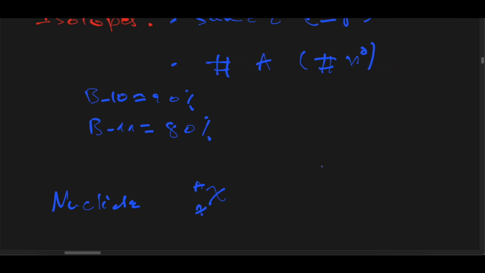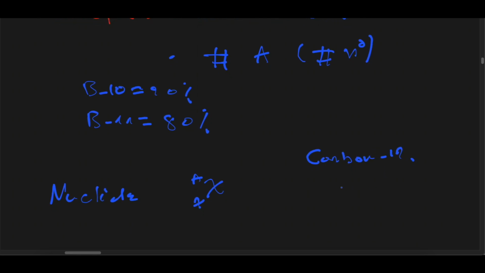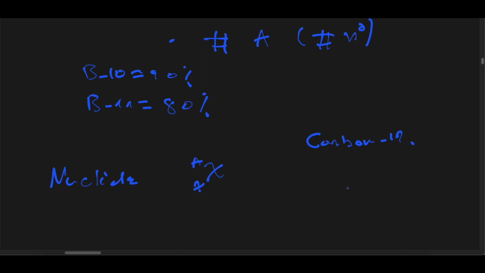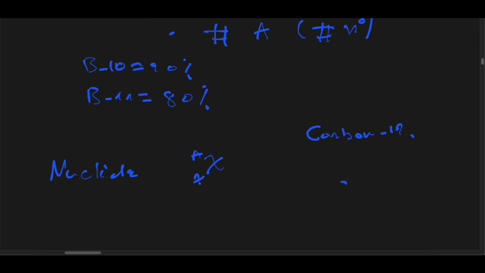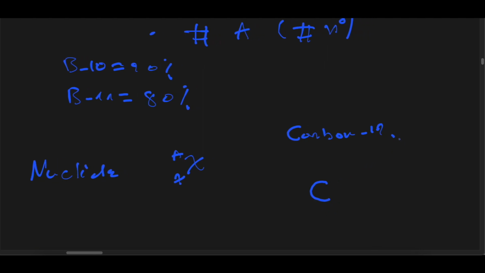For example, the nuclide of carbon 12. 12 is the mass number. So we start by writing the chemical symbol of carbon, which is C capitalized. Carbon 12 has 6 protons. So the atomic number is written on the bottom left.